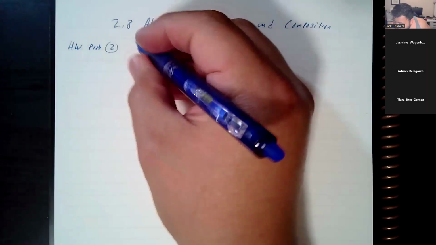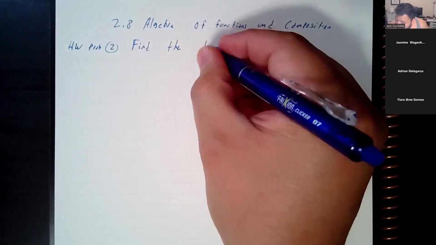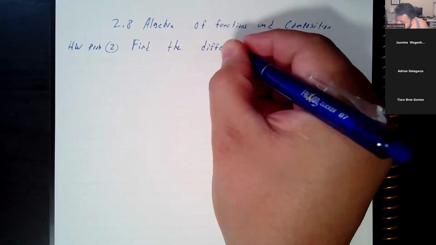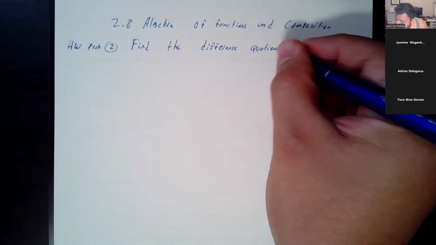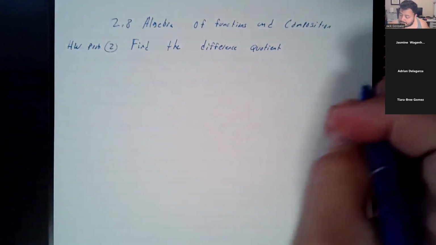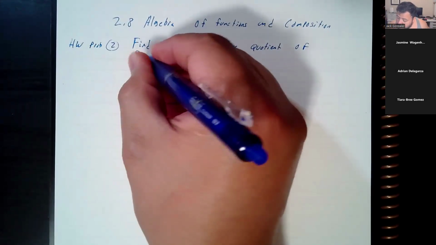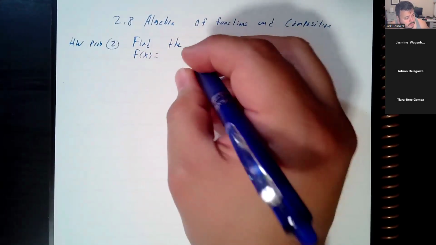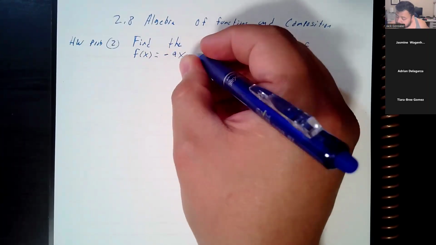So they want us to find the difference quotient of f of x equal to negative 9x plus 2.